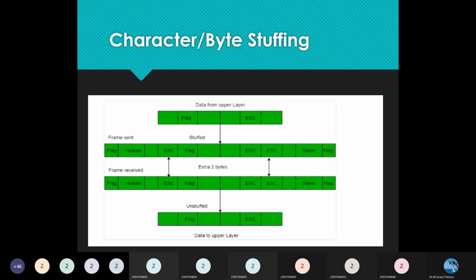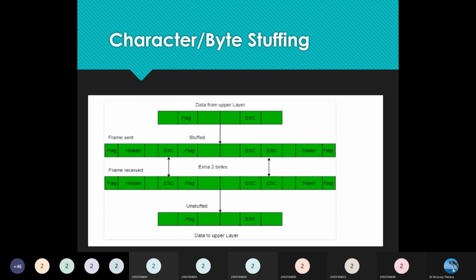I suppose you all understood the question I asked. Please listen. We all know that the frame is ended by means of the flag bit, and that by means of the flag bit we know whether it is the beginning of the frame or the end of the frame.